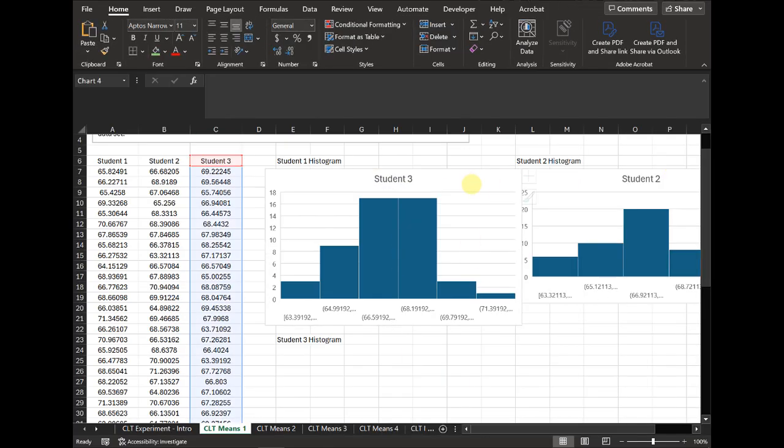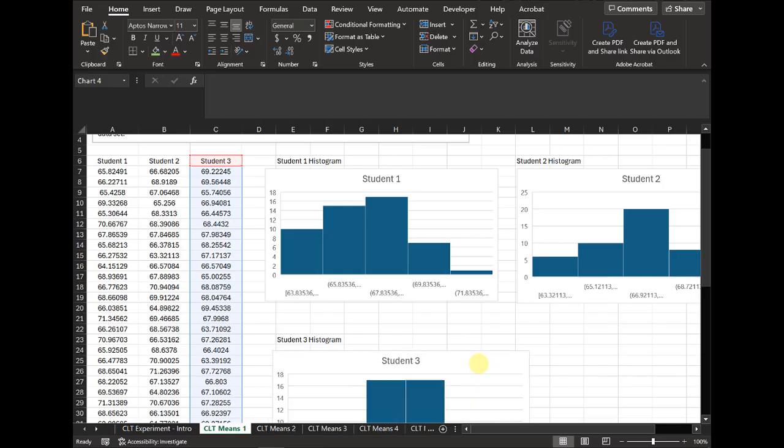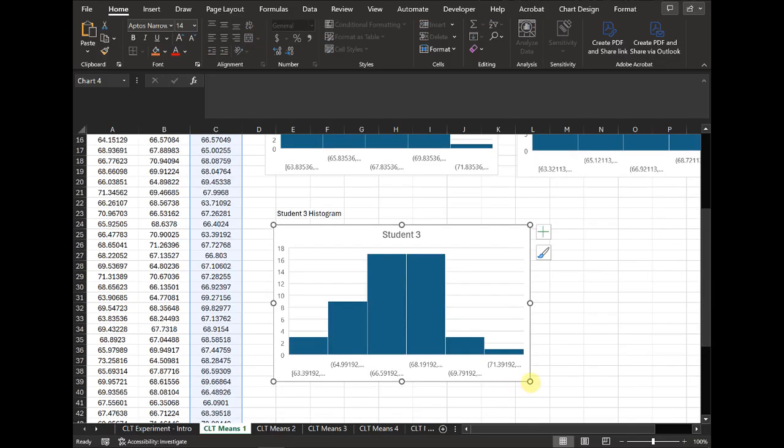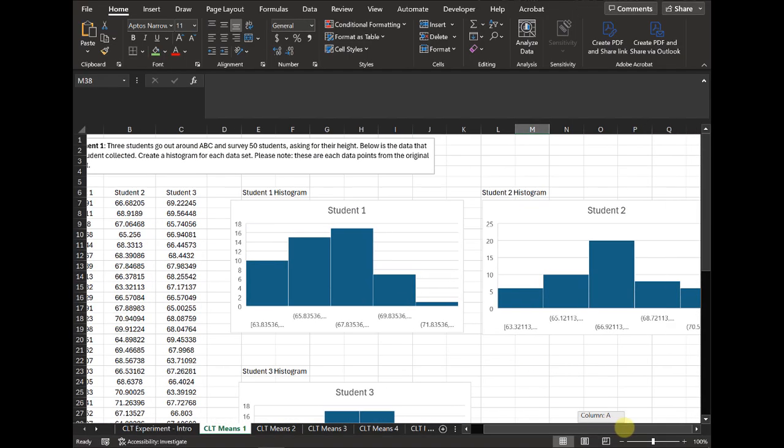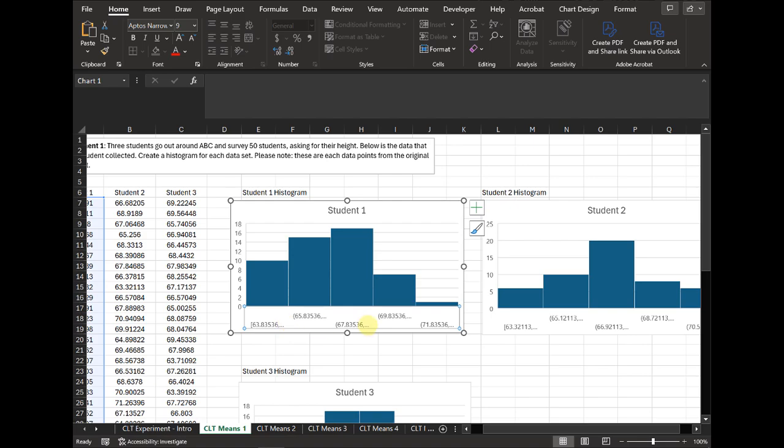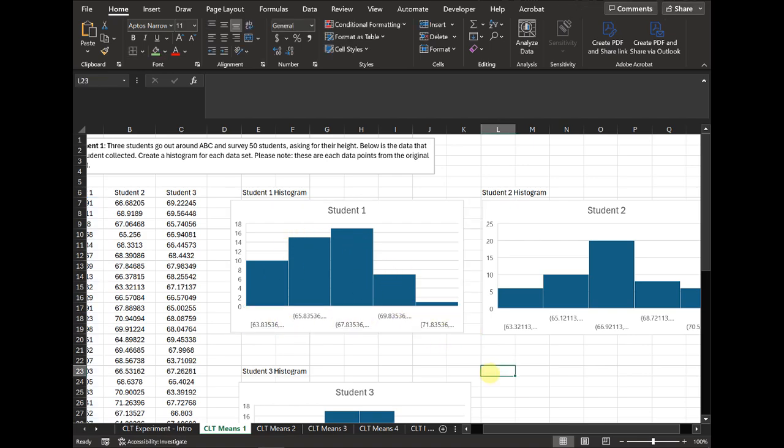Okay, great. The first thing we want to notice in looking at these histograms is what can be said about them. Remember, a histogram is basically taking your data and saying how much data fits into certain buckets. Excel has created its own buckets and dumped the data into them.